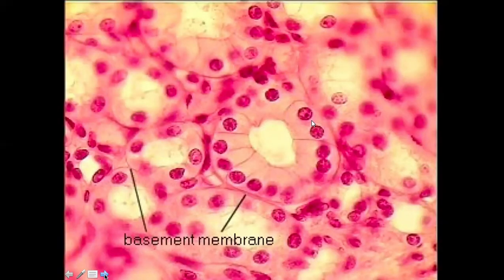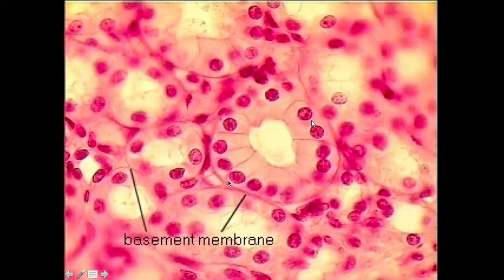Another example for glandular. So this is a type of glandular epithelium. So again, always look for the basement membrane. So where's the basement membrane? Here. The basal, base. Here.